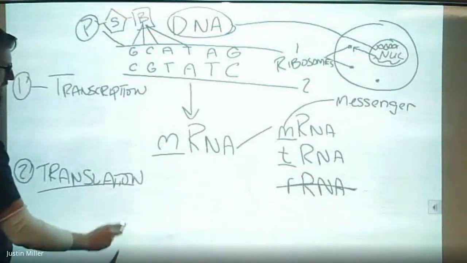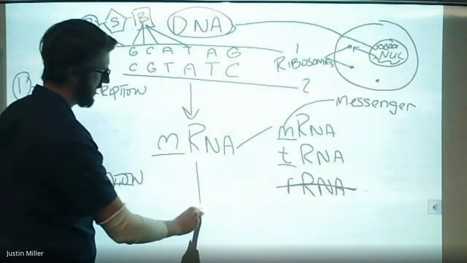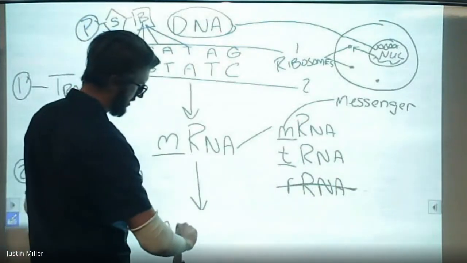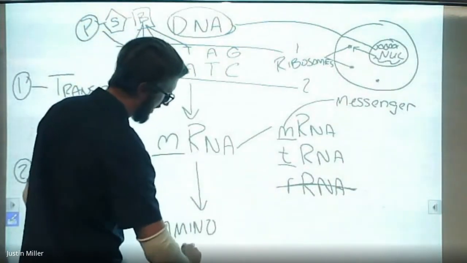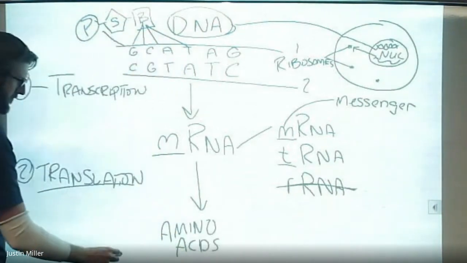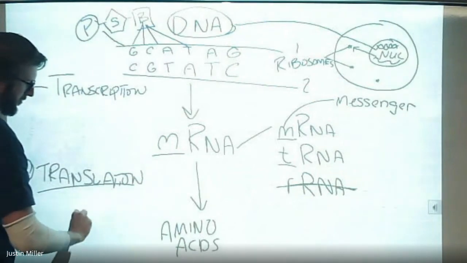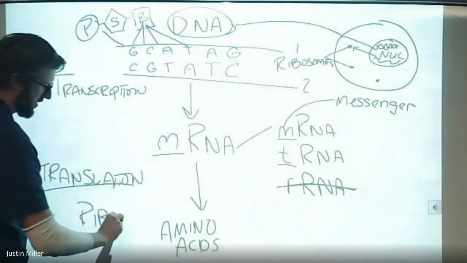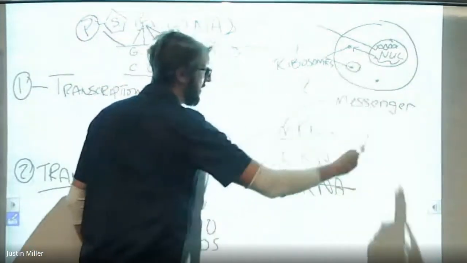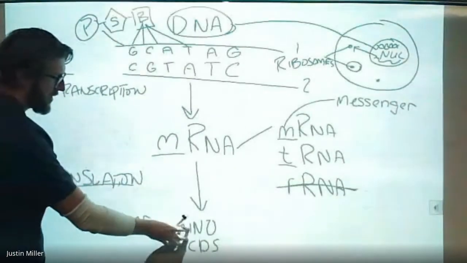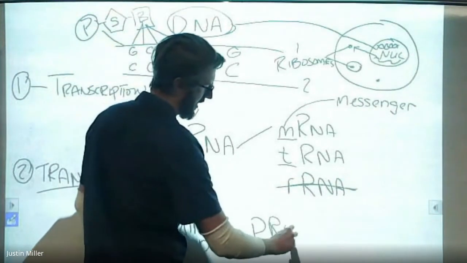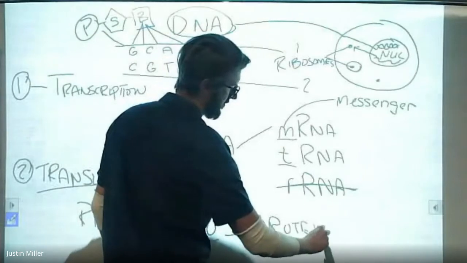So translation is when mRNA delivers the message to the ribosomes and the amino acids get put together. Okay, so the ribosome is the place where this happens, which is these things here, right? That's where the amino acids get put together to make the actual protein.